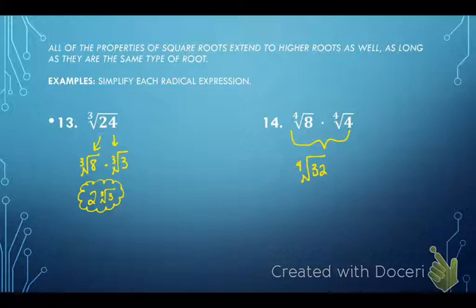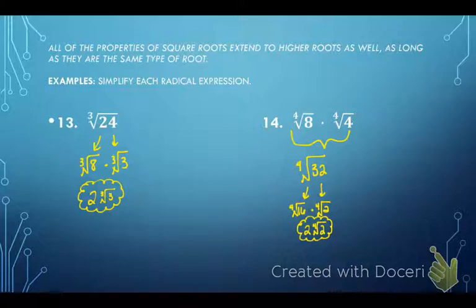So which number can I divide 32 by evenly? 16, right? So the fourth root of 16 times the fourth root of 2 is just going to be 2 times the fourth root of 2.